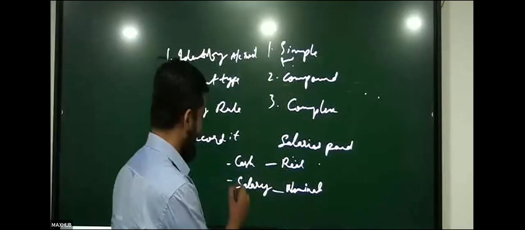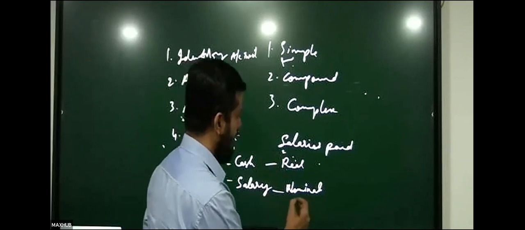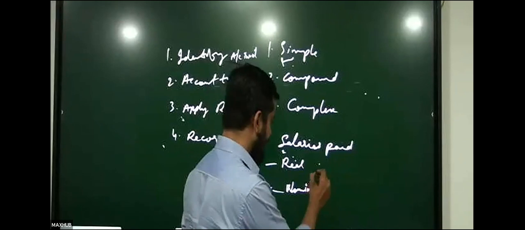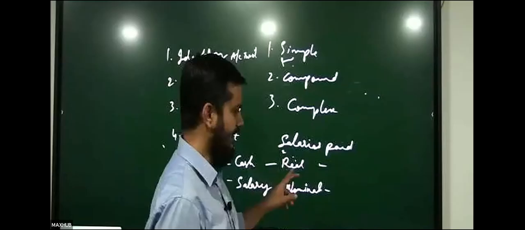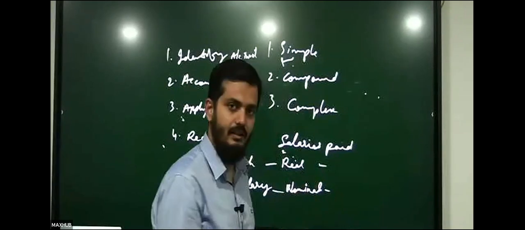Let us apply the rule. First step is done, second is done. Now the third step. Whenever we say real account, what is the principle? Debit what comes in, credit what goes out. When you pay the salary, does cash come in or go out? It goes out. You are paying, so it is going out.